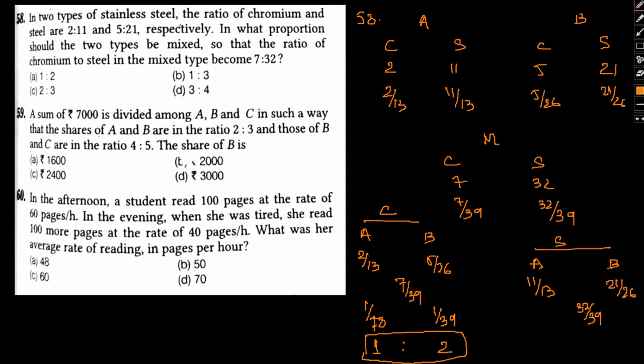So 78, we have 2 times 32, 64, and 3 times 21, 63, so 1/78 again in this regard. Again this is 39, so again 1/39 in this regard. Again similarly the ratio will be 1:2. So either way you could have approached this question, you would have gotten the same result, that is option A.